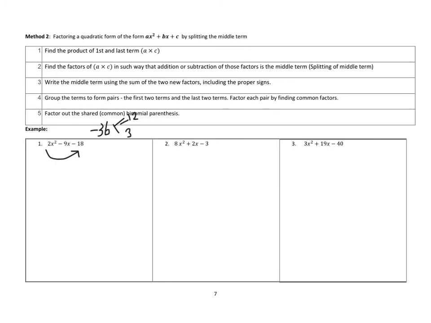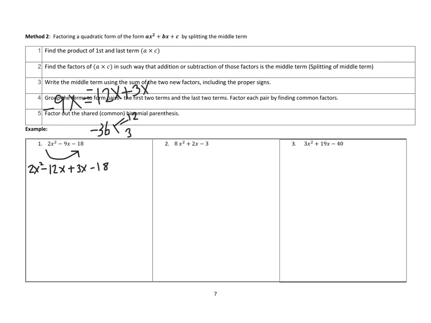So now I'm going to do 2x squared minus 12x plus 3x minus 18. I'm splitting the middle term. Instead of negative 9x, all I'm doing here is negative 9x is equal to negative 12x plus 3x, same thing.